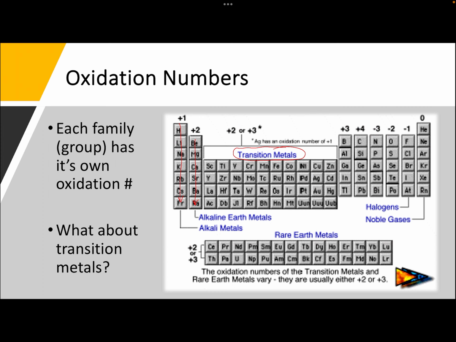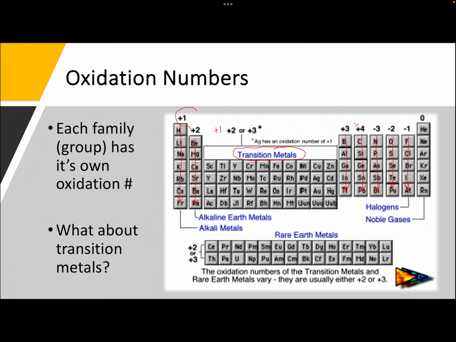We'll do something a tiny bit different with those, but yes, they have oxidation numbers like anything else, and some of them are a plus 1. Group 3 is plus 3. Group 4 is plus 4. Sometimes it can be a minus 4. Minus 4 or plus 4. Minus 3, minus 2, minus 1.